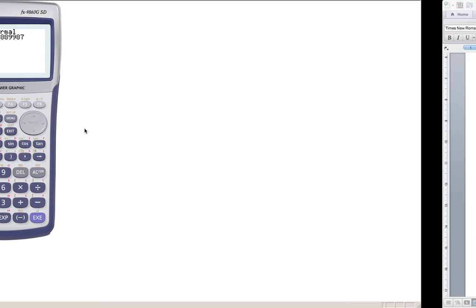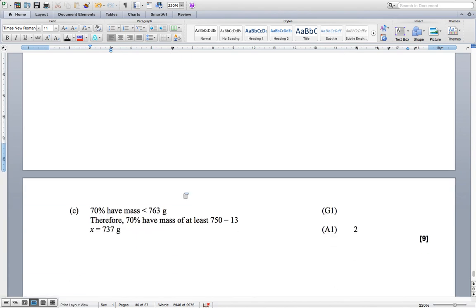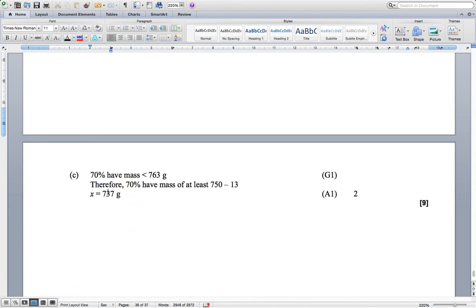So tail is right, area is 0.7, and sigma and mu remain the same. So the value of x is 736.8, so 737. So let us check. Yeah, the answer is 737 grams, right? Okay, fine.